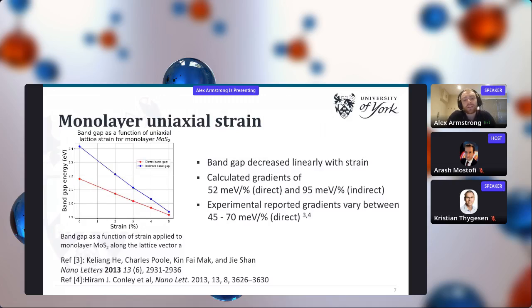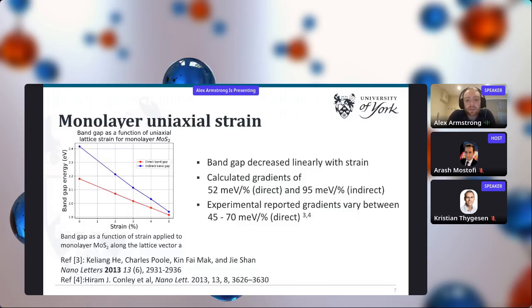The figure of merit I used for this was the gradients of these lines. What we found here was that firstly the bandgap decreased roughly linearly with strain, and I then applied a fit to that and calculated a gradient. For the direct gap this was 52 meV per % of strain, and the indirect gap was 95 meV per % strain.